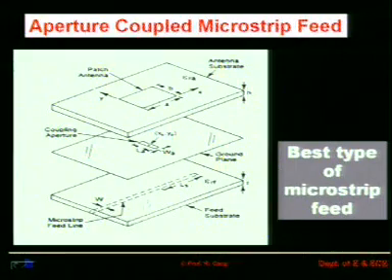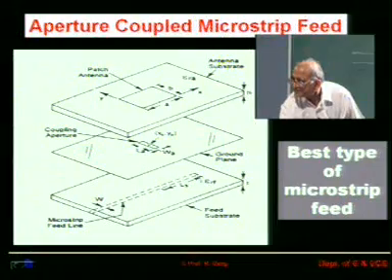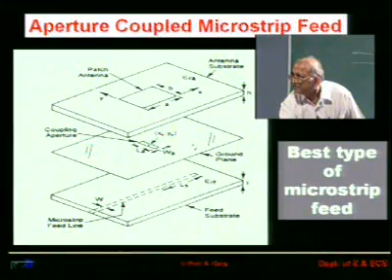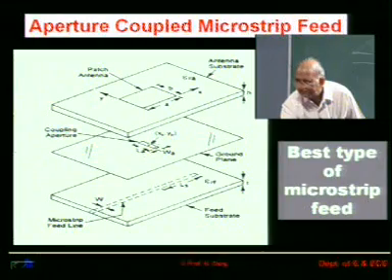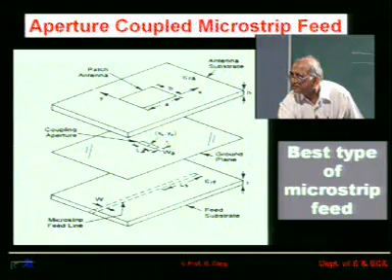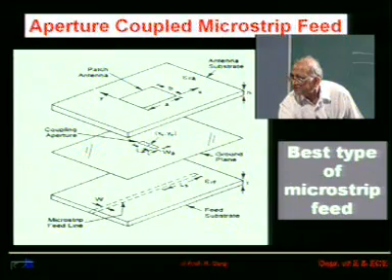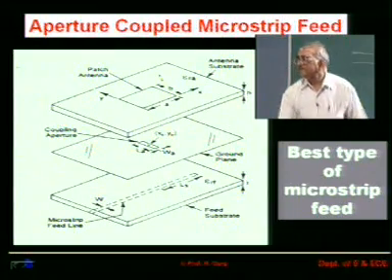See, here there is this substrate, this side there is a metallization, microstrip feed line is running over here, and the ground plane for this microstrip line is this one. Okay. And since you want to feed this slot, this microstrip should run perpendicular to this slot. So, when you feed power over here, this power gets coupled through this slot and then finally to the patch antenna.